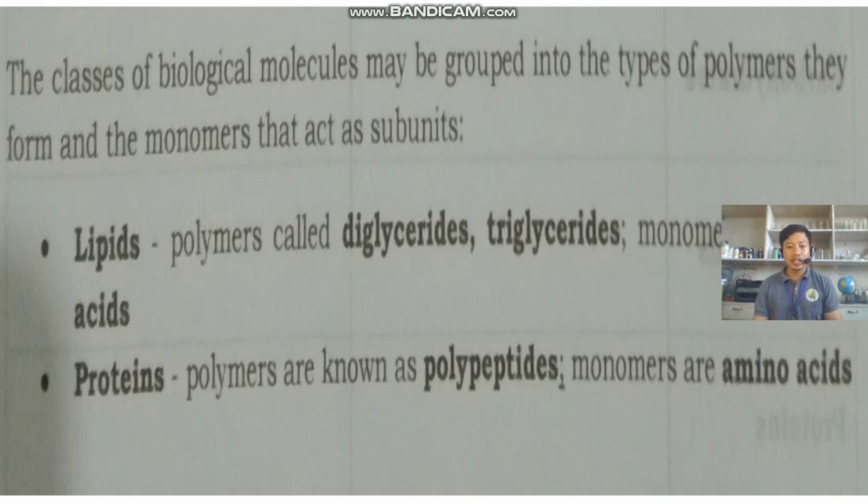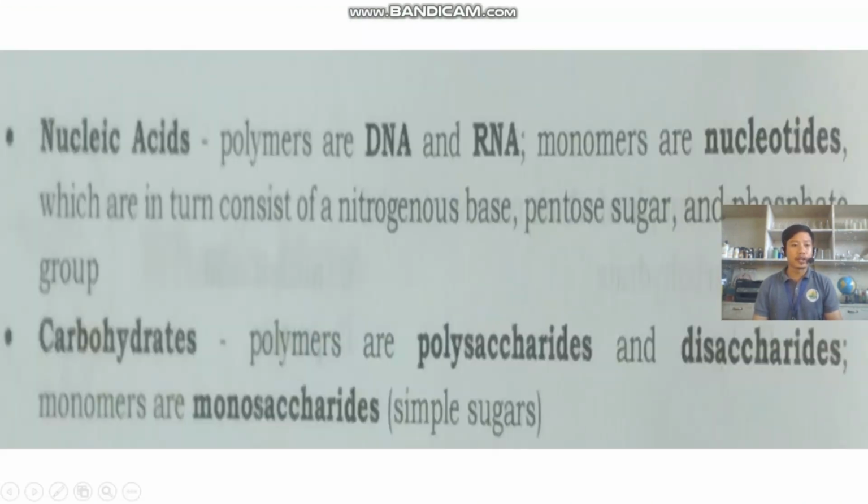Now, let us go to the monomers and polymers of nucleic acid. The polymers of nucleic acid are DNA and RNA. The monomers of nucleic acids are nucleotides, which consist of nitrogenous bases, the pentose sugar, and the phosphate group.